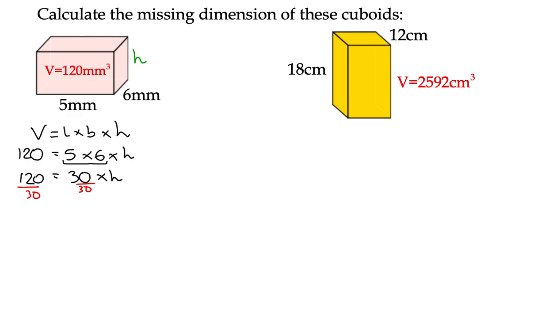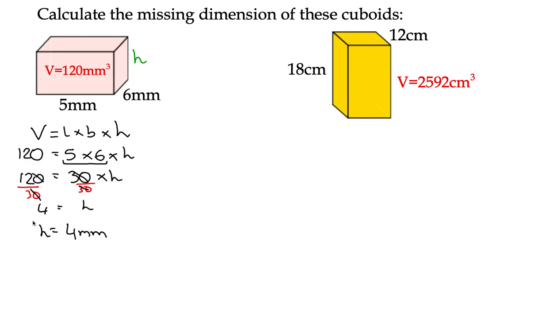And that leaves me with H on the left hand side, because they cancel out, and 120 divided by 30, divide through by 10, 12 divided by 3 is 4, so in actual fact the height of the cuboid is 4 millimeters.